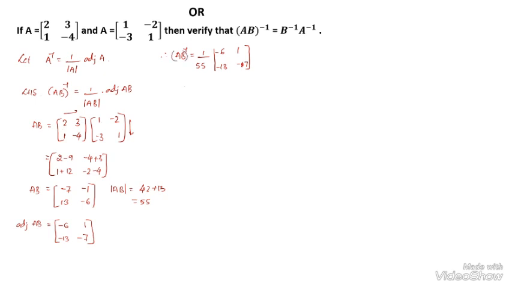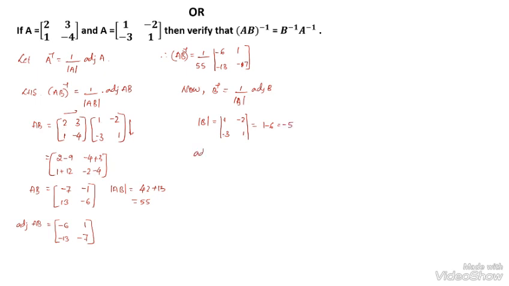Now, find B inverse and A inverse. I take B inverse first. That is 1 divided by determinant of B into adjoint of B. Here the determinant of B is 1 into 1, 1, minus 3 into 2, 6, minus 6, so it becomes minus 5.